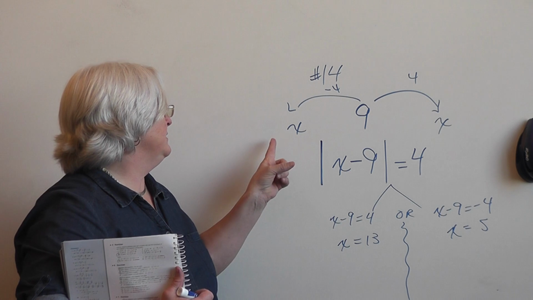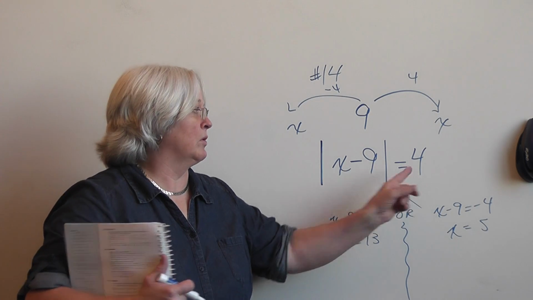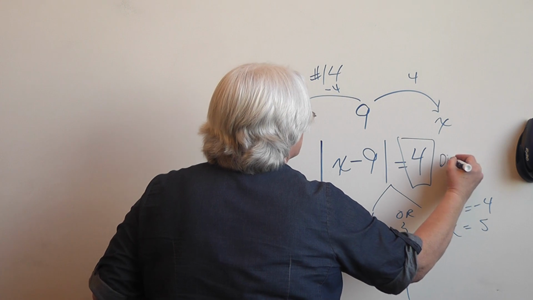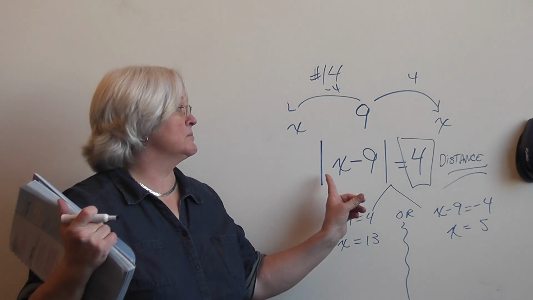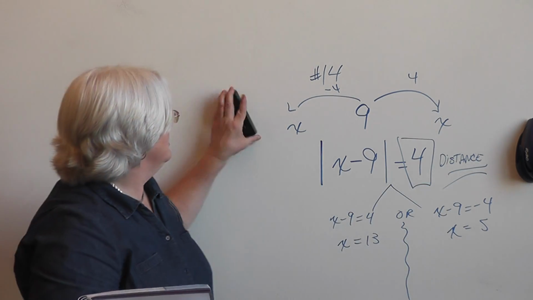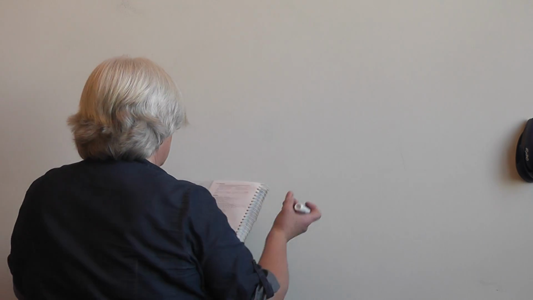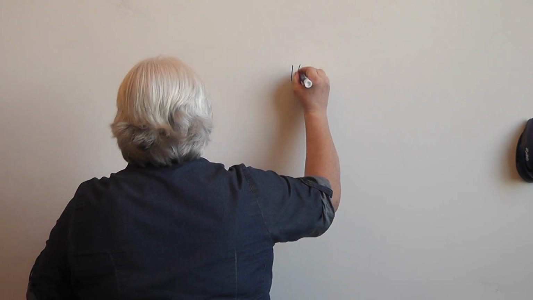Get the pattern down. The distance from some number to 9 is 4. The distance part of it goes over to the right of the equal sign. The distance from some number to a positive 9 is 4. Let's go ahead and do another problem. Okay, let's look at number 16.